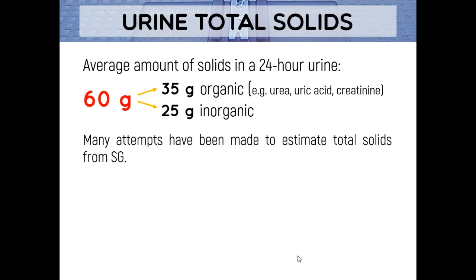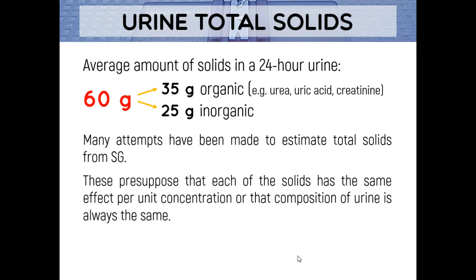We can know how concentrated a specimen is based on the SG, because SG is affected by the number and size of the particles present. So it is understandable that these scientists tried their best to find a correlation between SG and the estimation of total solids.